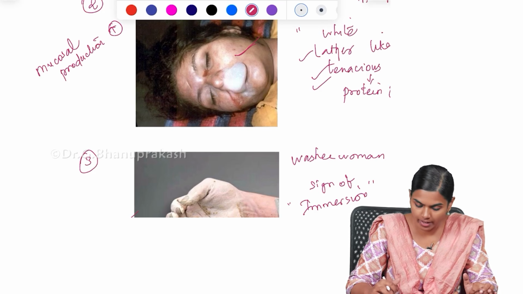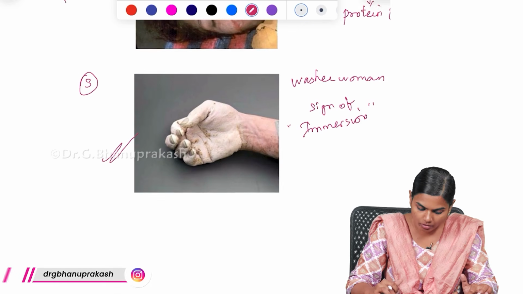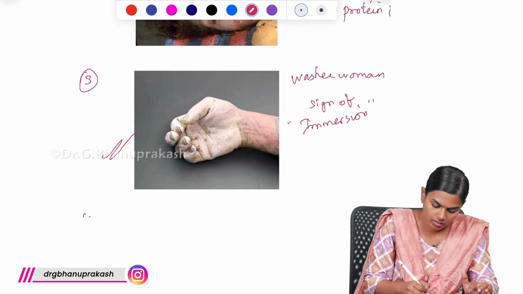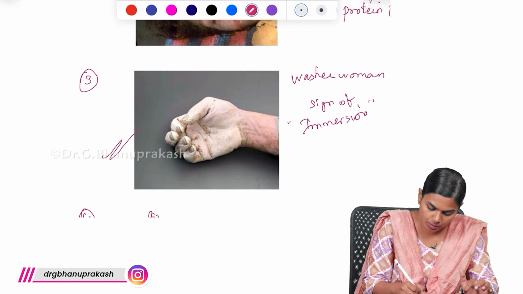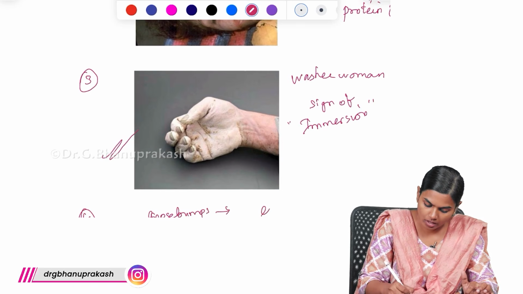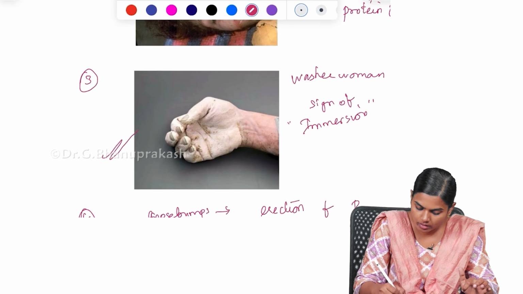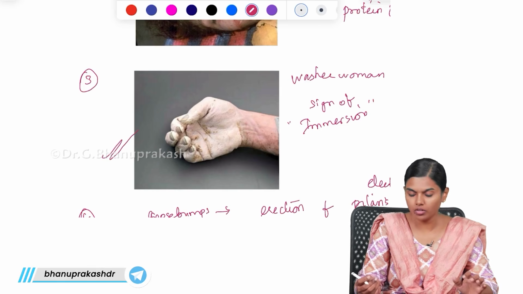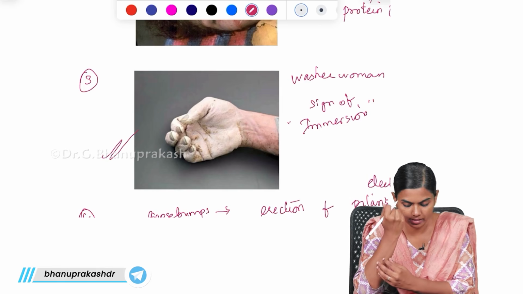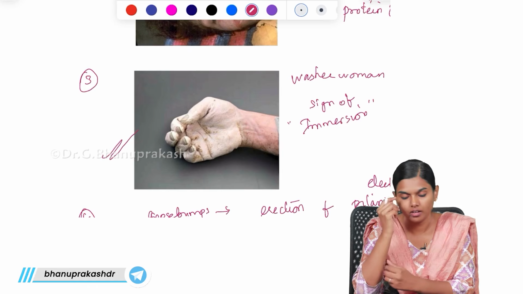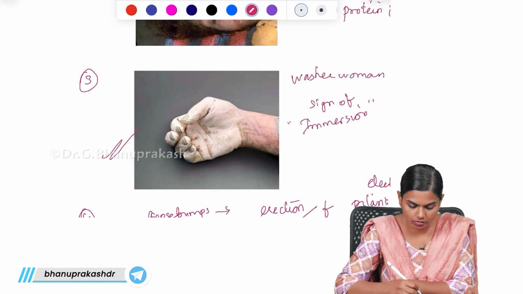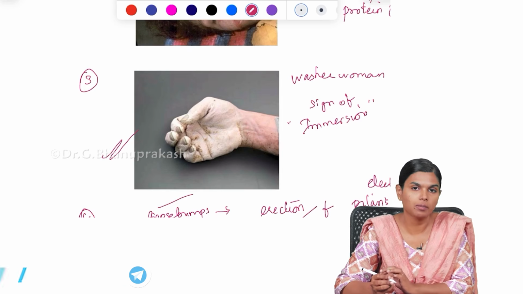So this is another finding that you can see. And apart from that, you can also see goosebumps. That is due to erection of the erector pilaris in the skin. Because of that, you will get this goosebumps appearance.